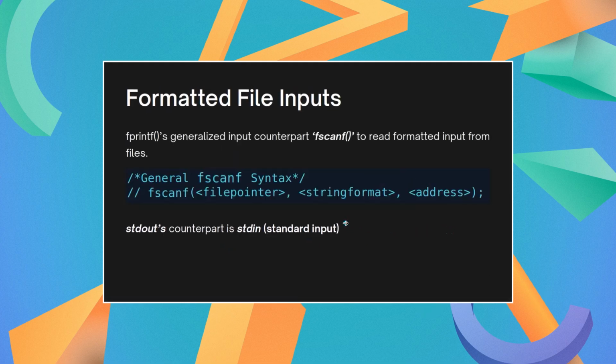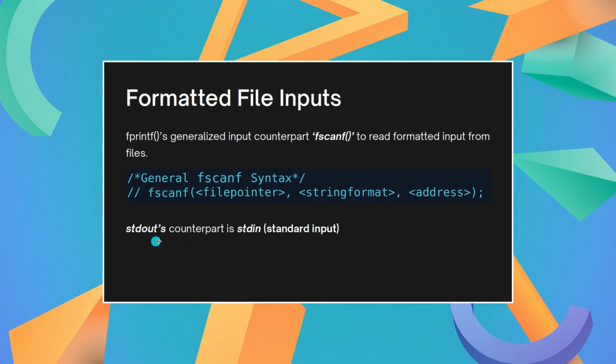Now, let's say we want to work with inputs that are present in our files. Its counterpart of fprintf for inputs is of course fscanf. The syntax for this is a cross between fprintf syntax and scanf syntax, where we have the function name fscanf, the file pointer of where we want to read formatted input from, the string format, and of course, the address of the variable that we're working with.